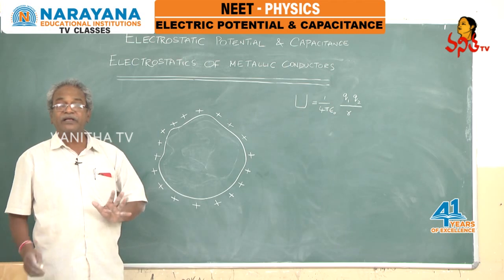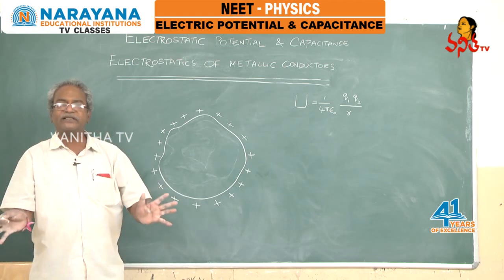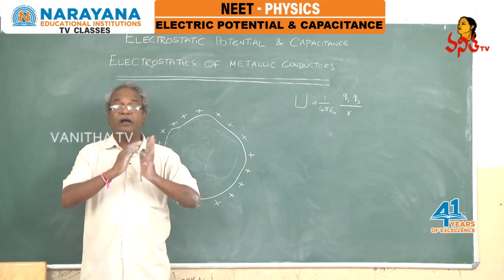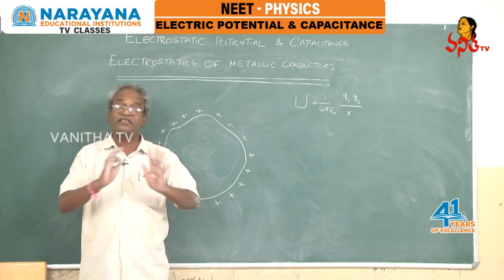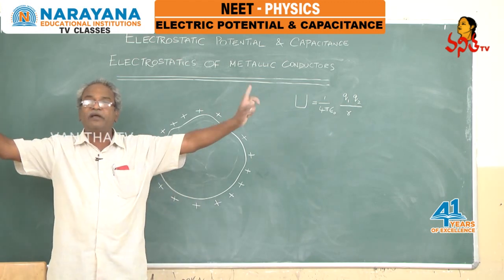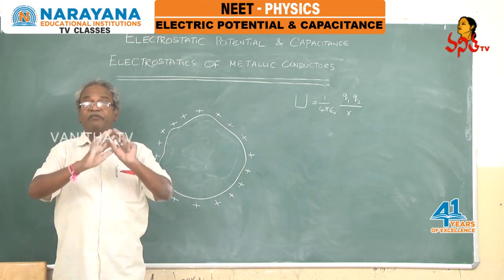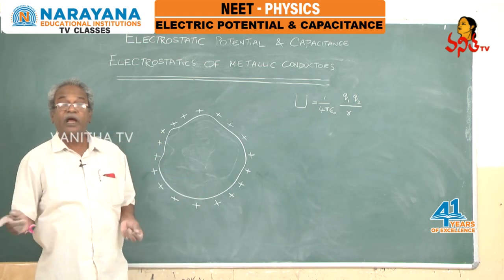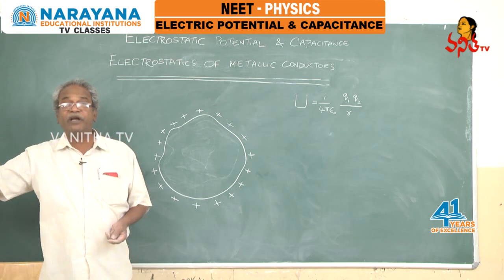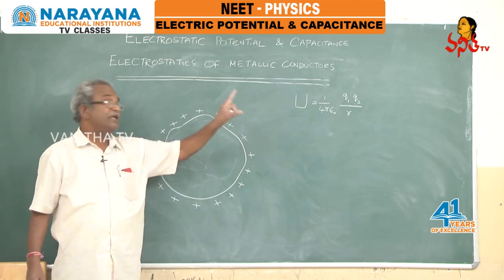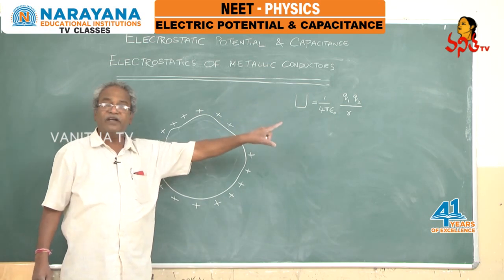That means if two free charges are given, with no other boundaries or restrictions present, those two charges will try to go to infinity, with full repulsion, to have as large a separation as possible, so that the potential energy of the system becomes zero when r becomes infinity.